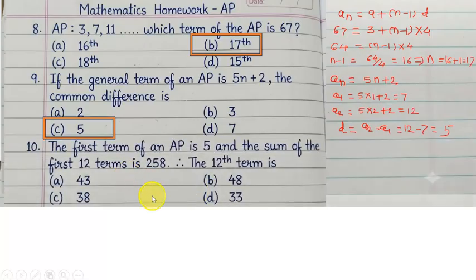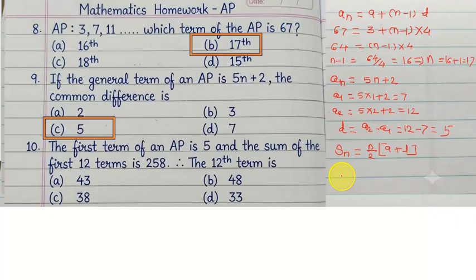Next, the first term of an AP is 5 and the sum of 12 terms is 258. Then the 12th term is? Now here we know the formula for sum, when the first and last term are given: Sn is equal to n upon 2 (A plus L).